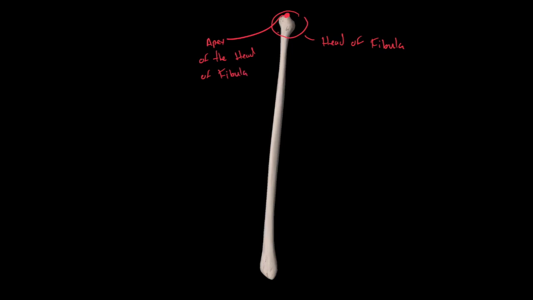And of course, this narrowing right underneath the head, that's going to be the neck of the fibula. This diaphysis is the body of the fibula. And now we can go ahead and zoom into the distal end of the fibula.